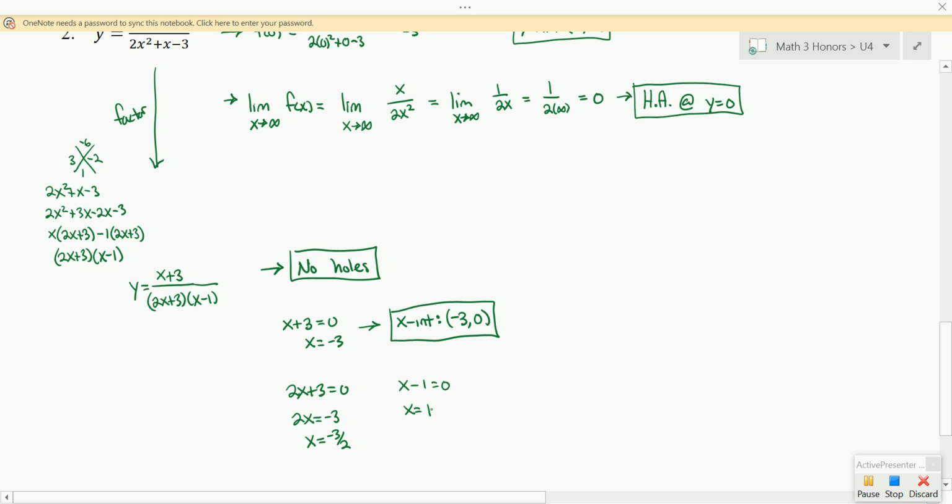These are the numbers that we're not allowed to plug into our function, right? Because it makes us divide by 0. And in terms of a graph, that's where your vertical asymptotes happen if they're not holes. And here's not a hole. So here we're going to say we have vertical asymptotes at x equals -3/2 and at x equals 1.